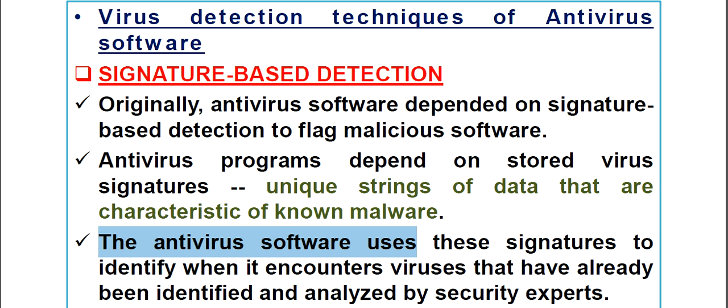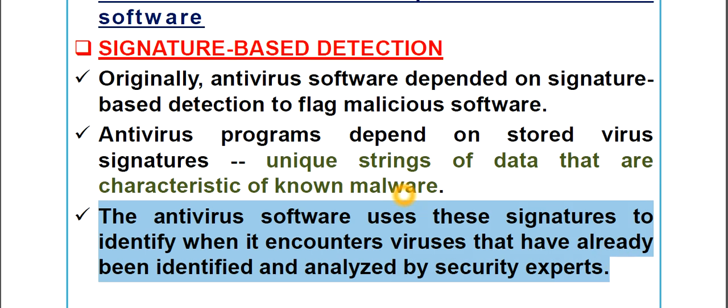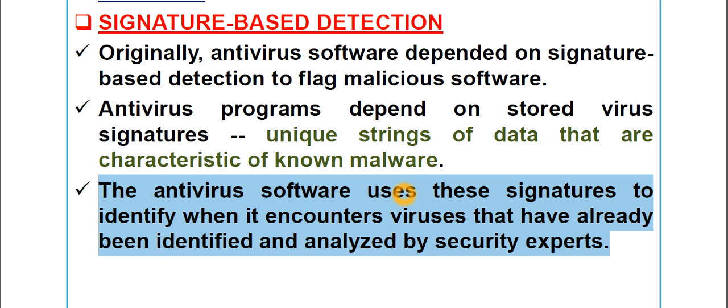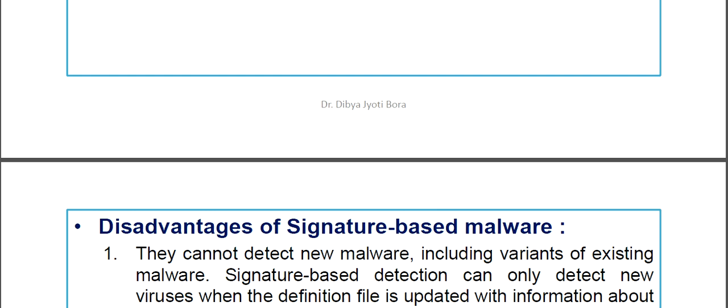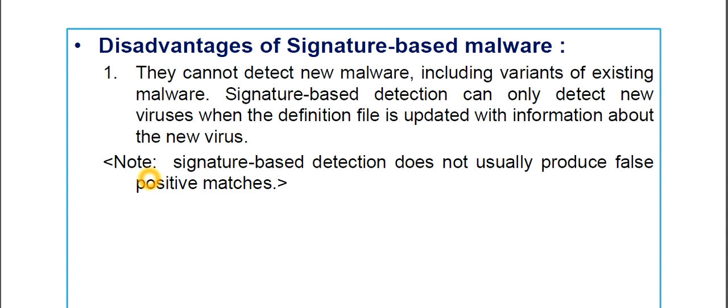So the antivirus software uses the signatures to identify viruses that have already been identified and analyzed by security experts. So signature-based detection totally depends on previous virus signatures. It is not actually capable of dealing with new viruses. If I talk about the disadvantage of signature based detection, it cannot detect new malware, including variants of existing malwares.